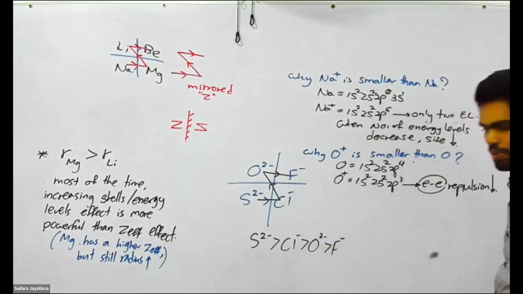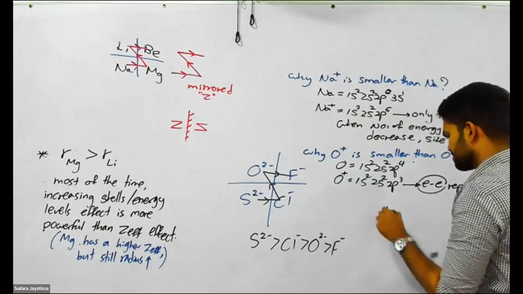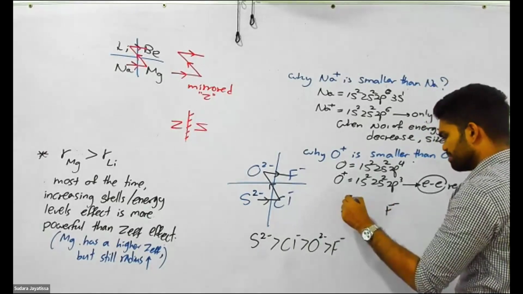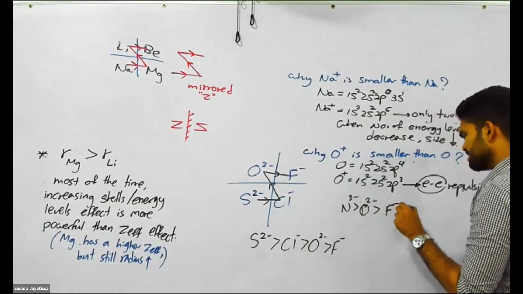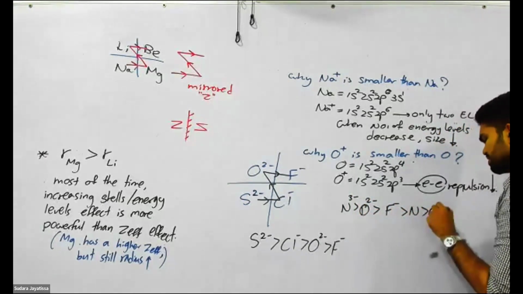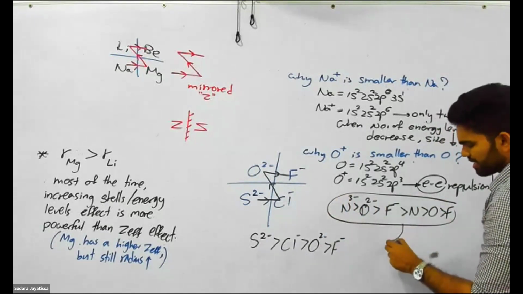Then go to the last point we highlighted in our handwritten notes. It says anions N3 minus, O2 minus, and F minus are larger than nitrogen, oxygen, fluorine. Take this point and add it here.